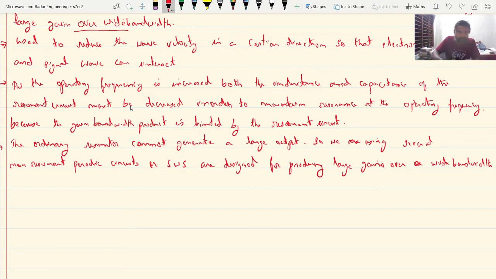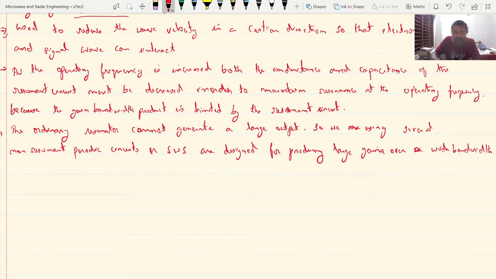So the second point I have discussed here is that slow wave structures are special circuits used in the microwave tube to reduce the wave velocity in a certain direction, so that the electron beam and signal wave can interact.